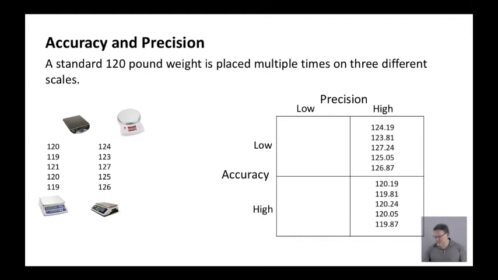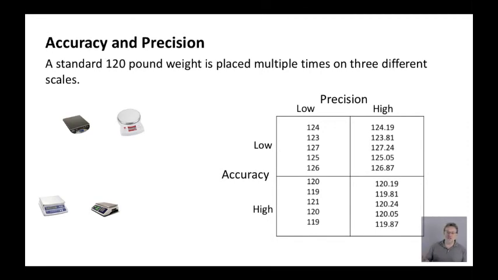And we can effectively categorize the results from the other two scales on the left side of this matrix here, again showing an instance in which we have high accuracy but a lower precision. Both of these sets of measurements are of a lower precision because they're only measuring it to the nearest pound, but still one has a higher accuracy on the bottom than the one that is above it, showing a lower accuracy.